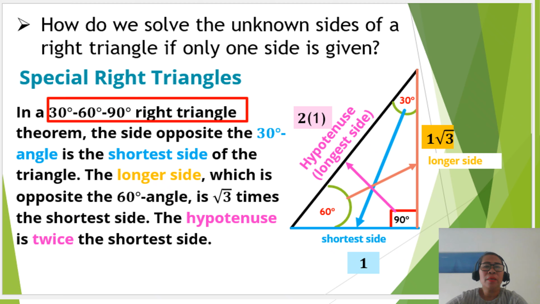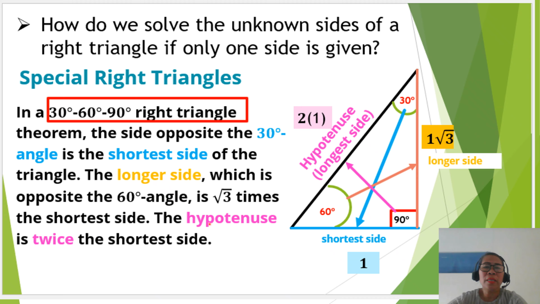It says that the opposite of the 30 degrees angle, as you have seen, is the shortest side, while the longer side is opposite the 60 degrees angle. And of course, a right triangle has its longest side, the so-called hypotenuse.